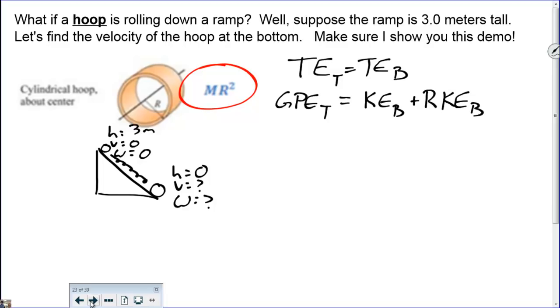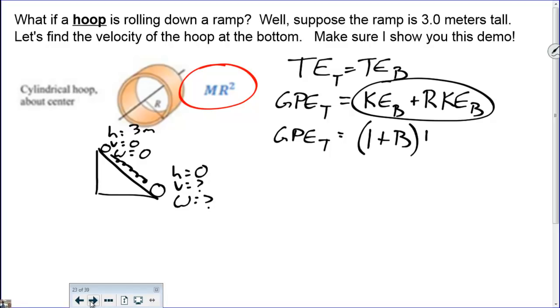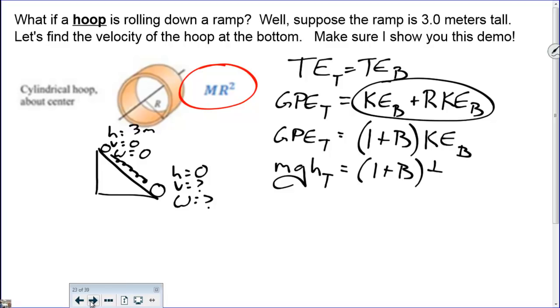Since it's rolling, we can rewrite this as 1 plus b times the kinetic energy at the bottom. So mg times the height at the top equals 1 plus b times 1/2 mv squared, v at the bottom.